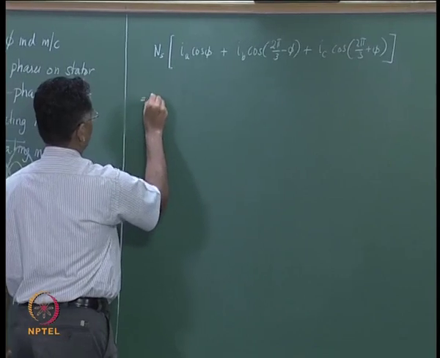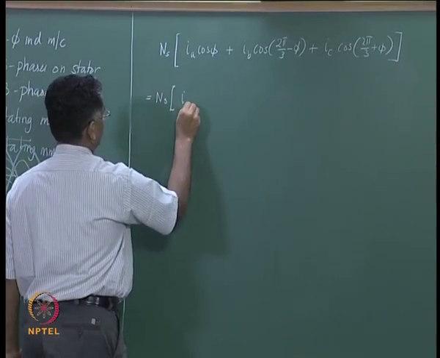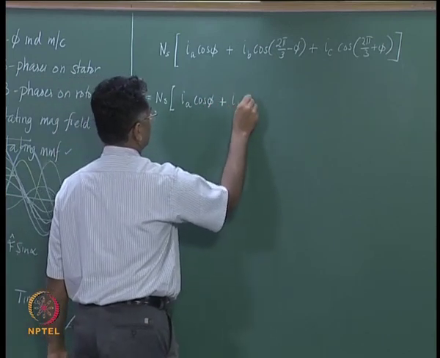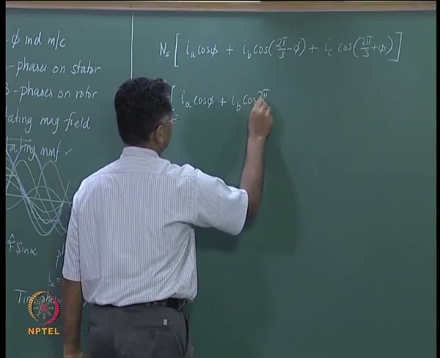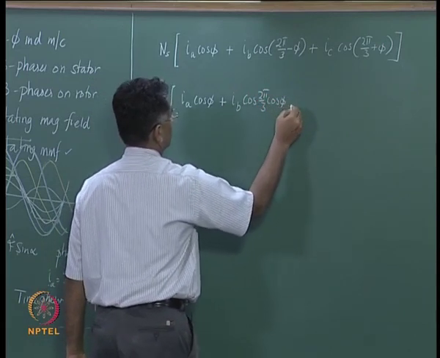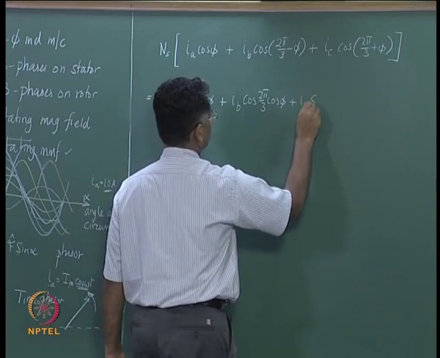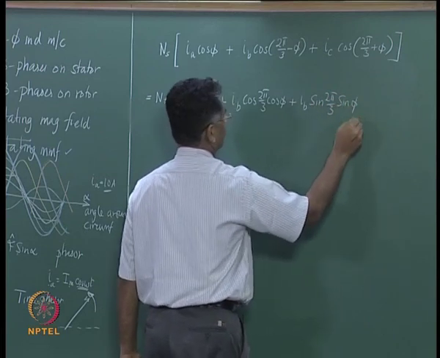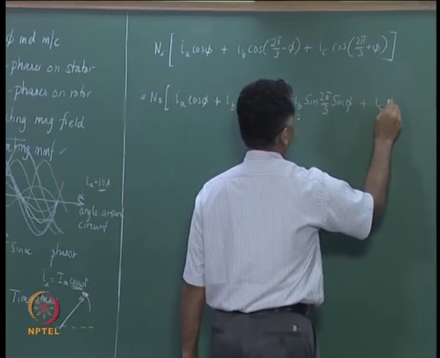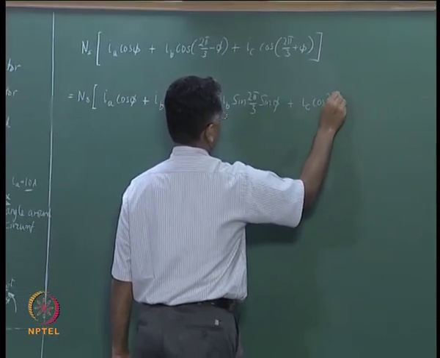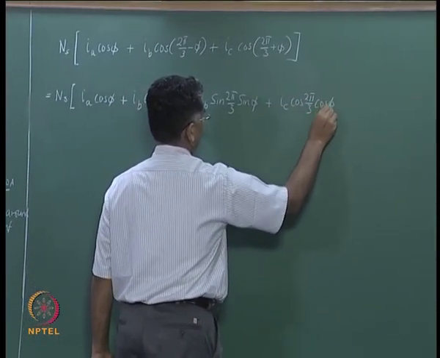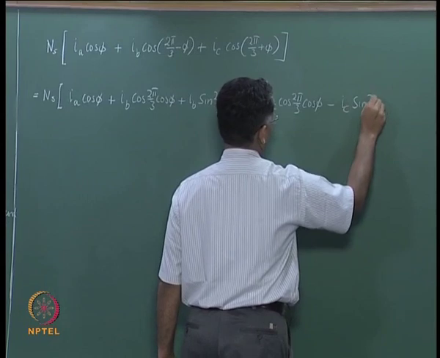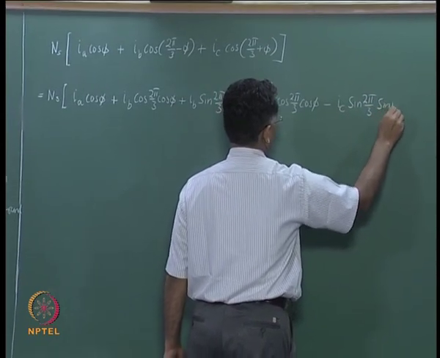So, this is equal to Ns into Ia cos phi plus Ib into cos 2 pi by 3 cos phi plus Ib into sin 2 pi by 3 sin phi plus Ic into cos 2 pi by 3 cos phi minus Ic into sin 2 pi by 3 sin phi.